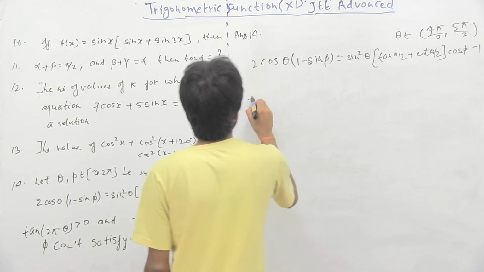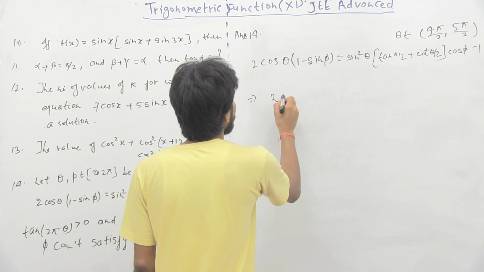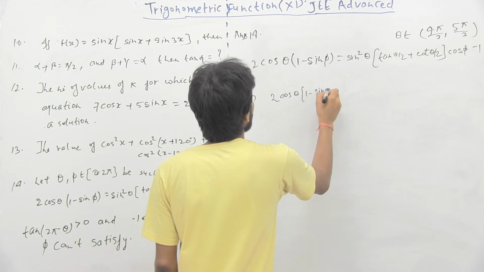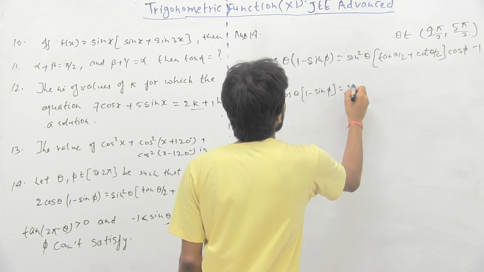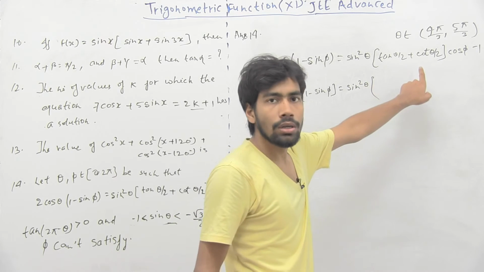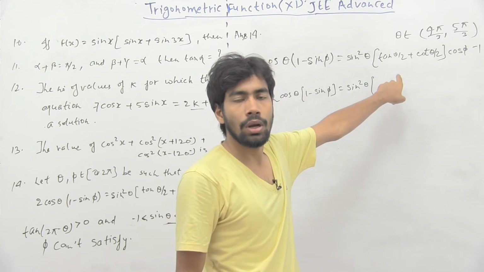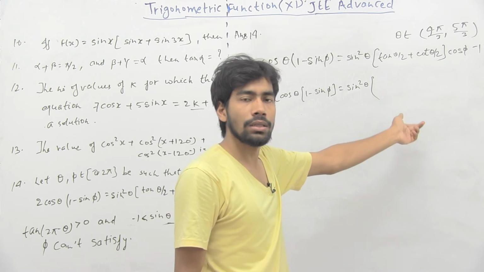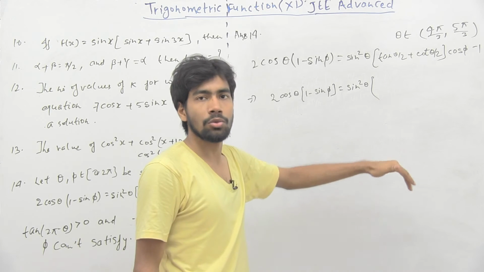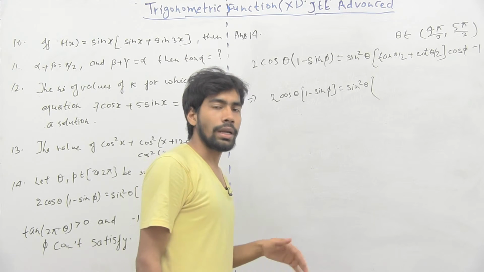Okay, so solve it. Now write cot(θ/2) equal to 1 by tan(θ/2), and further we will take the LCM and we will get numerator as 1 plus tan²(θ/2) and denominator as tan(θ/2).